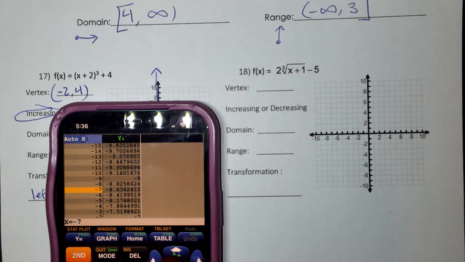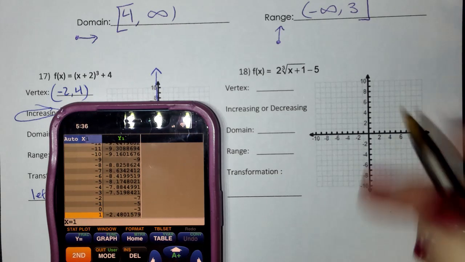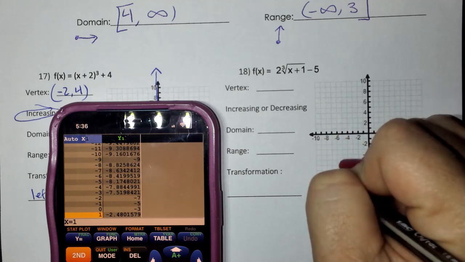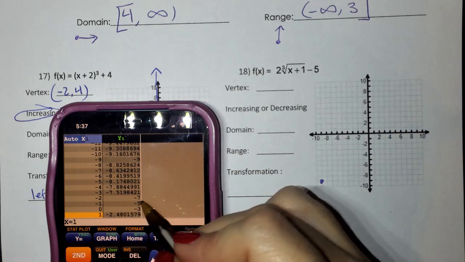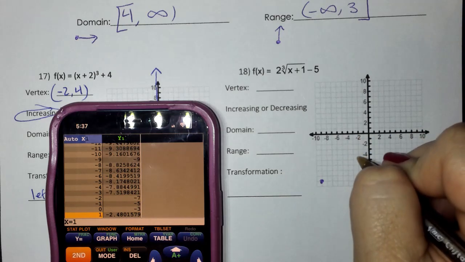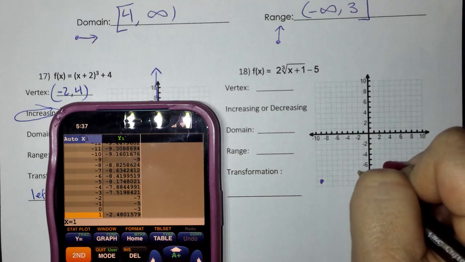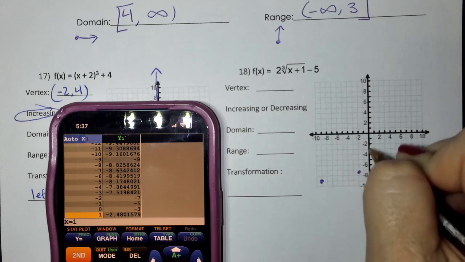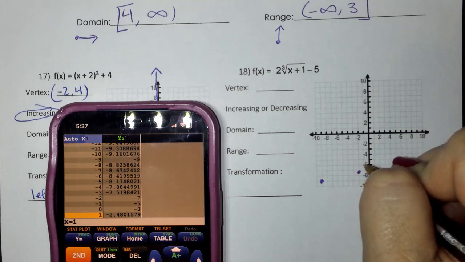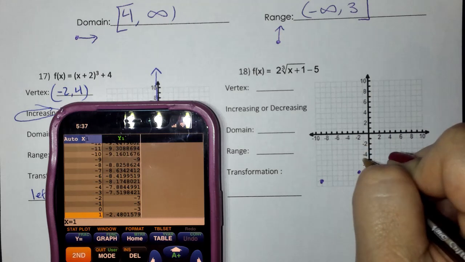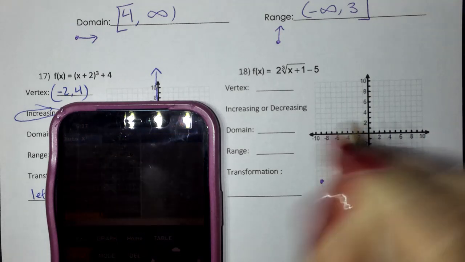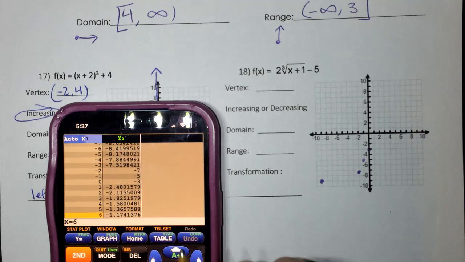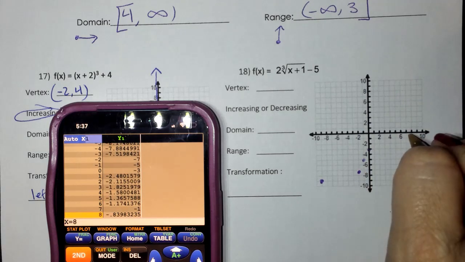So -9, -9, and then I have -2, -7, -1, -5, 0, -3, and 7, -1.